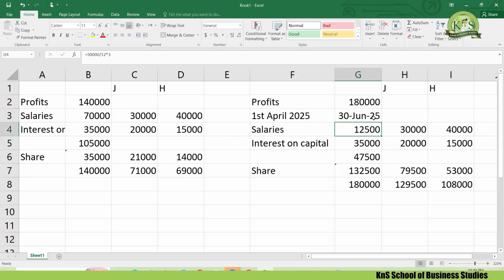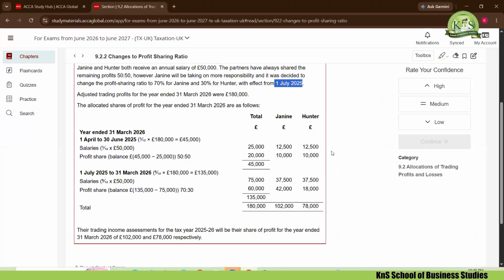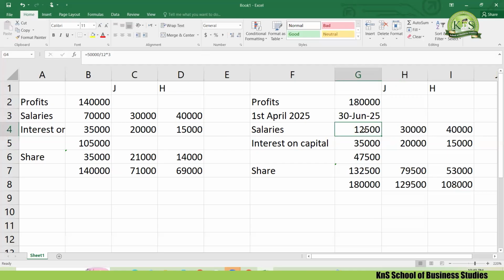So 12,500 is the total. 50,000 they are getting annually, divided by 12, multiplied by 3.